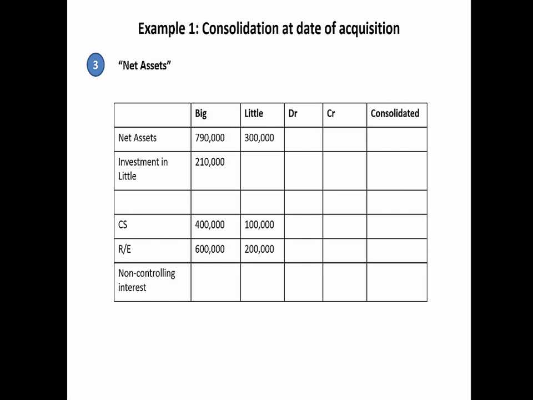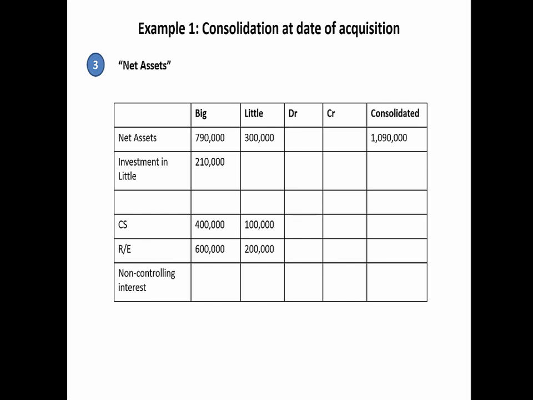So they have $1 million even in assets, matched by $1 million in equity. Little Company has $300,000 in net assets, matched by $300,000 in equity. And please note that the non-controlling interest does not appear on either company's individual trial balance. The non-controlling interest is created as part of the consolidation process.